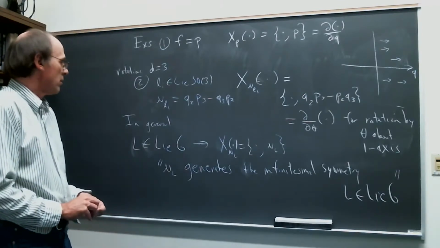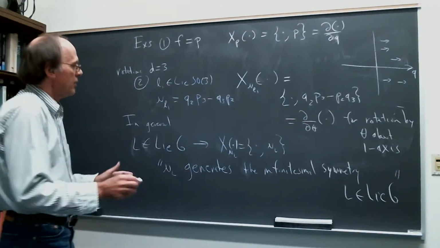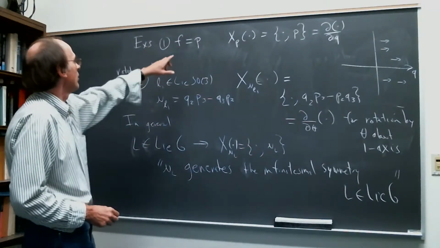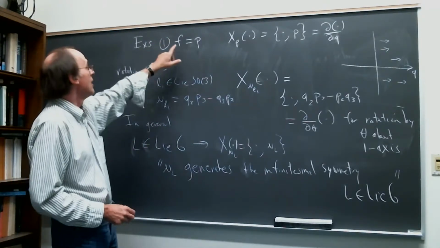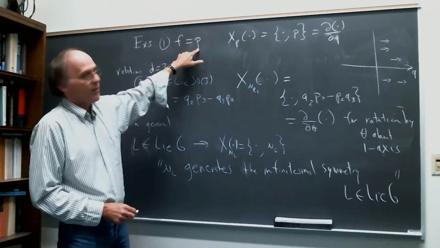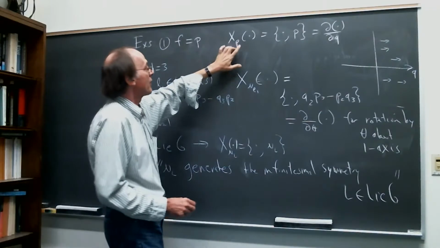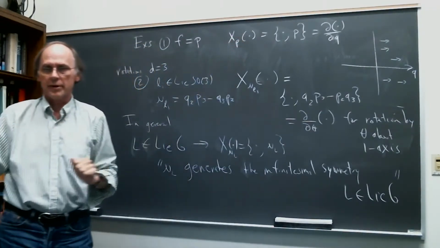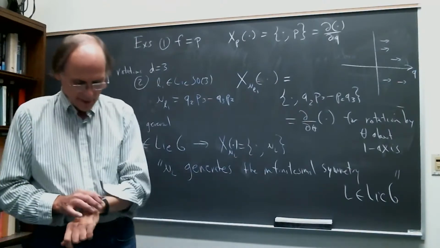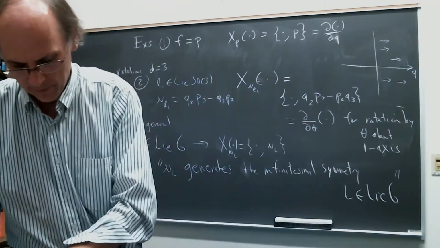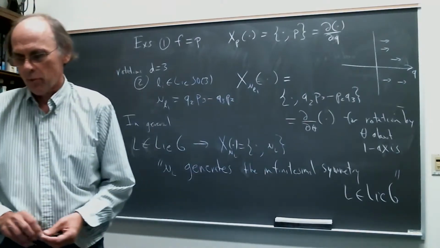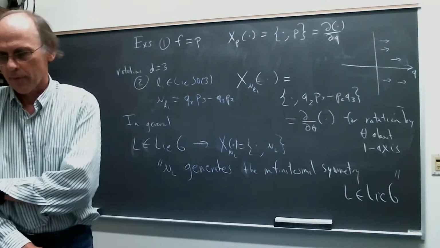Another example, actually the zeroth example here, is if your function is the Hamiltonian function, then the vector field is just the vector field for time, giving you time evolution. Okay, so that's pretty much the summary of what I wanted to say about the point of view on Hamiltonian mechanics.